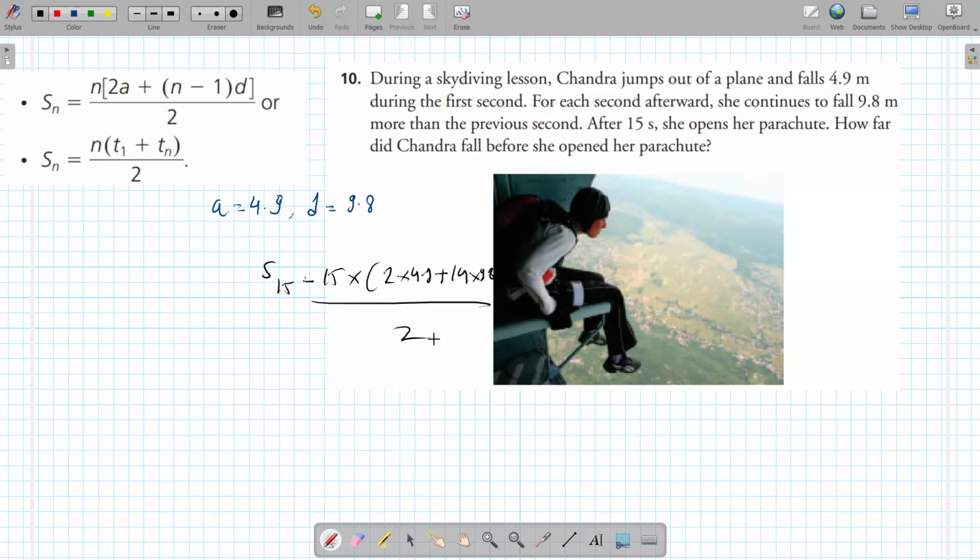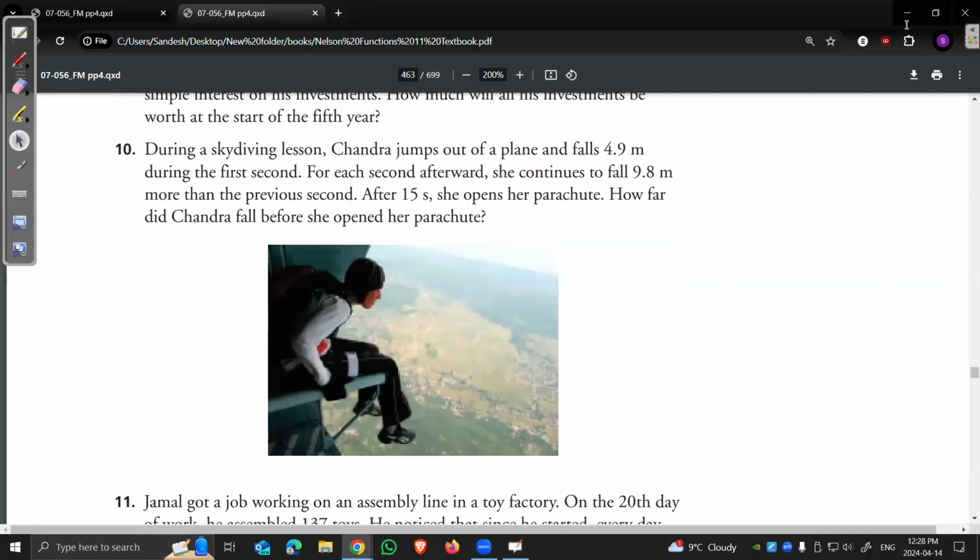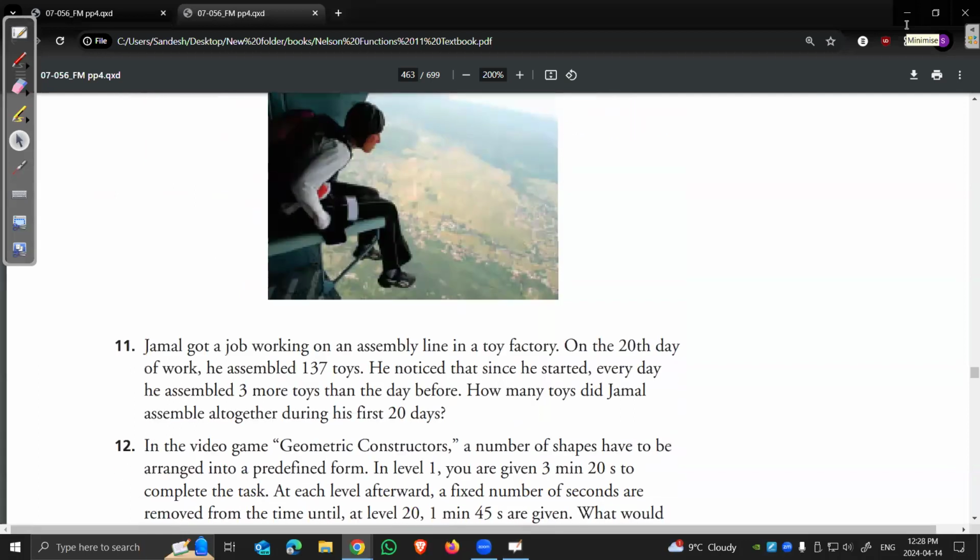So 2 times 4.9 plus 14 times 9.8, times 15, divided by 2. The answer is that she's fallen 1102.5 meters in 15 seconds. So a little over a kilometer. And that's it for this question. It's not too bad if you're able to recognize what it's asking you, if you're able to recognize it's asking you for S15.